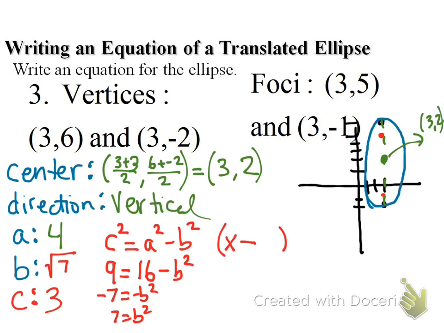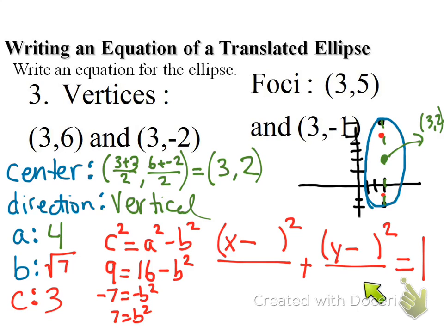All right, I'm just going to write the general equation for an ellipse not centered at 0, 0. Now, since this is vertical, where does the A squared go? Under the X or the Y? Vertical. Under the Y. So I need to put 4 squared right here. What is 4 squared? 16. 16 goes there.